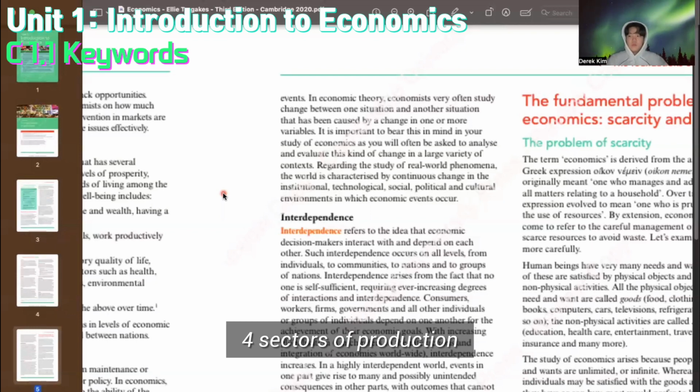Harvesting those free goods would be the primary sector. The secondary sector would be the manufacturing of actual products with the resources that we garnered through the process of harvesting natural resources.